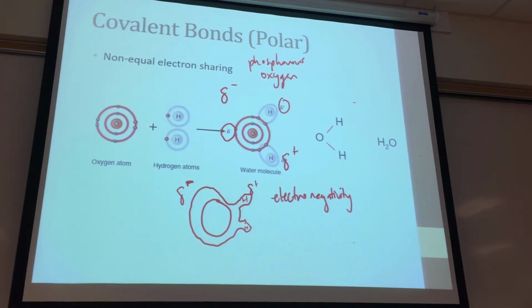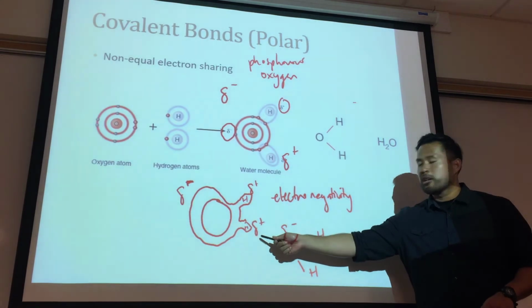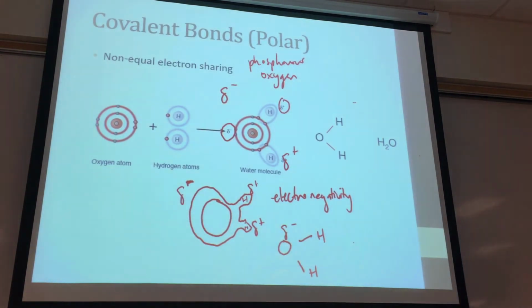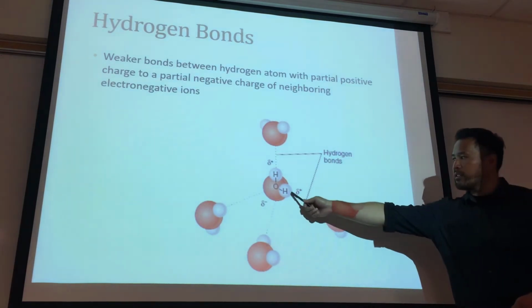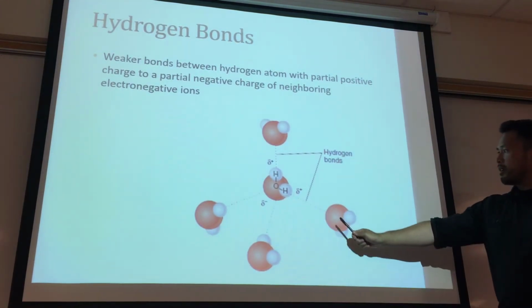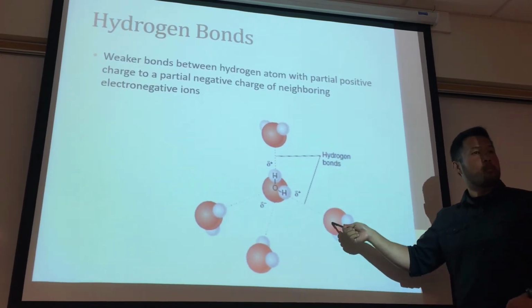If I were to take another water molecule, and this happens to be electronegative, and this is electropositive, again, opposites attract. Electronegative and electropositive creates a little bond. And that bond is hydrogen bonding. These are weak bonds that form between the electropositive hydrogen atom with an adjacent oxygen atom from an adjacent water molecule.